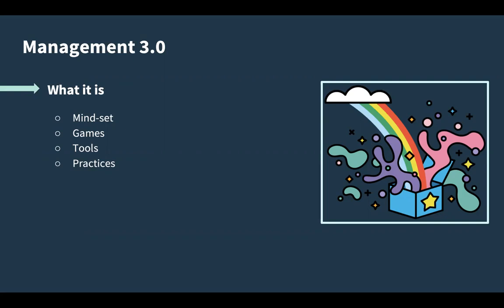And then in 2016, the author released Managing for Happiness, which is really interesting, and it is actually all about actionable leadership. It's not another framework. It's a mindset combined with an ever-changing collection of games, tools, and practices that can help any member of an organization manage the organization.